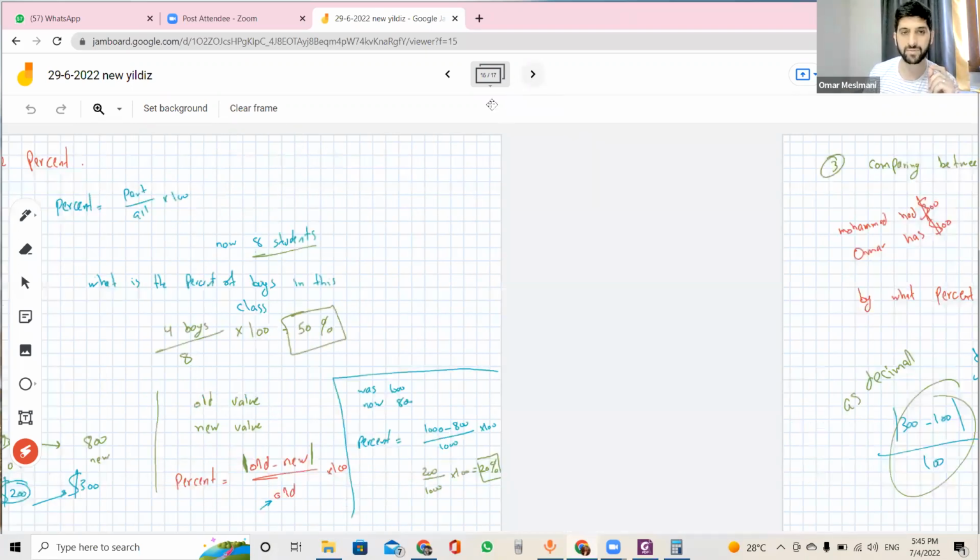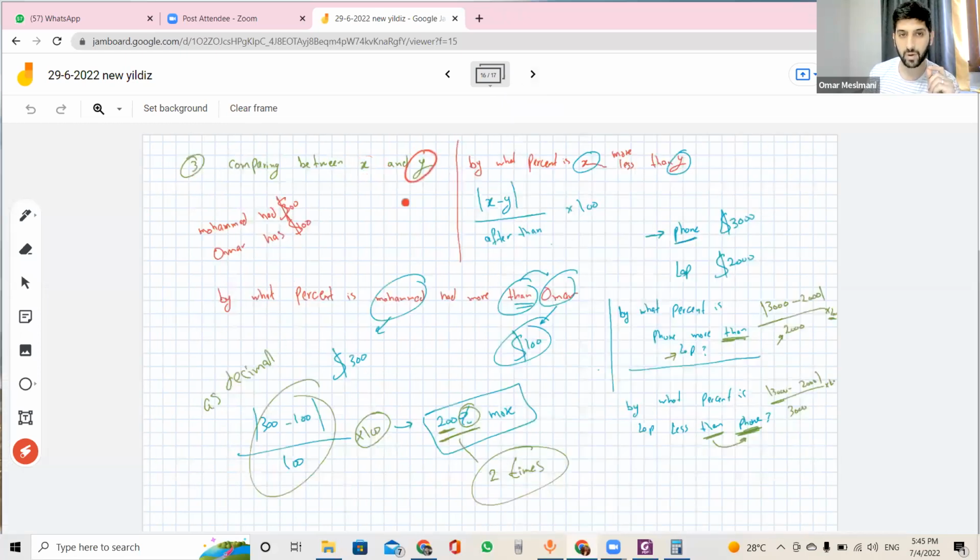For example, when I'm comparing between X and Y, the question is going to be: by what percent is a value more or maybe less than a value? So I told you that the percent is going to be the positive difference between them over whatever comes after the word than, times 100.